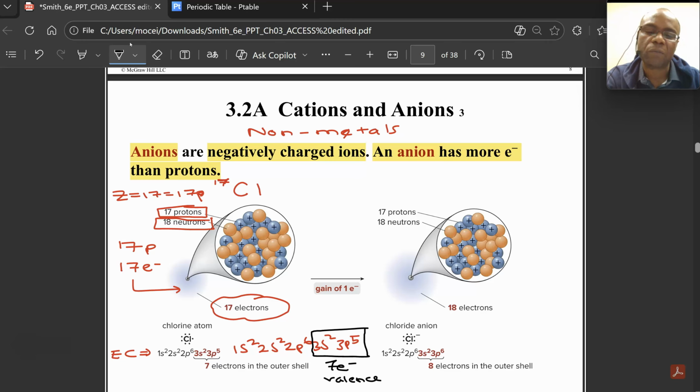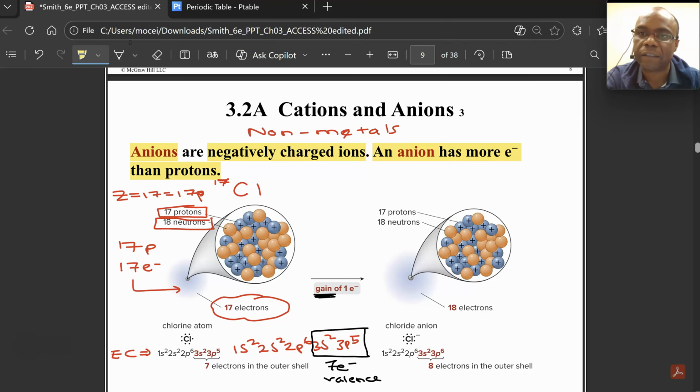Usually we want to fill up orbitals to get the octet state. If we are at 7, how many more electrons do we need to get to 8, the octet state? Only 1. So you have 2 options: either lose the entire third shell, meaning lose 7 electrons, or gain just 1 to reach the octet. Which is easier? Of course, gaining is easier.